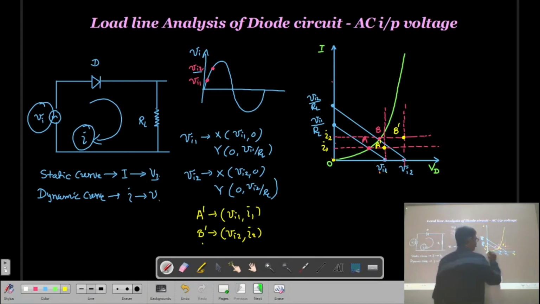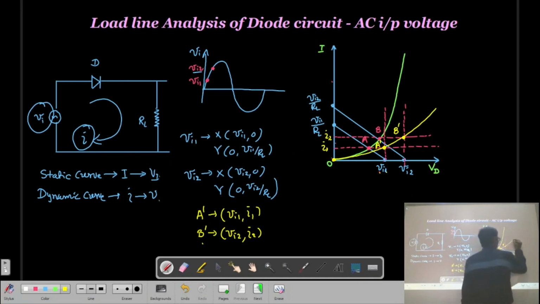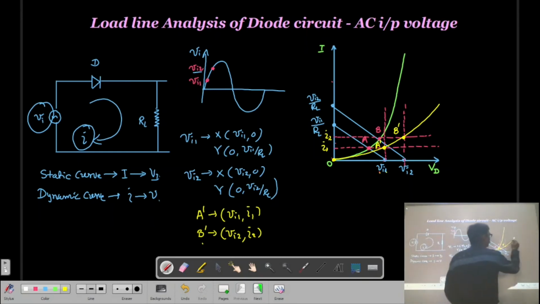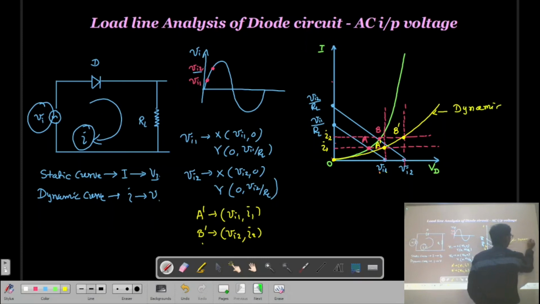Now if you join all these points, that will give you the dynamic characteristic curve of a diode. So remember, this is a dynamic curve and this is a static curve.